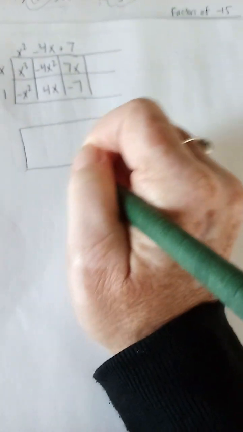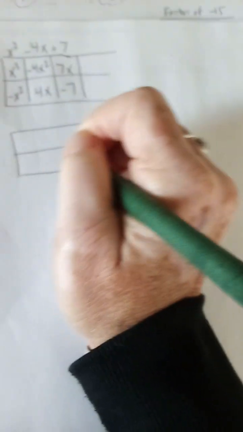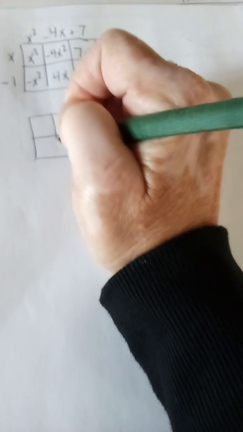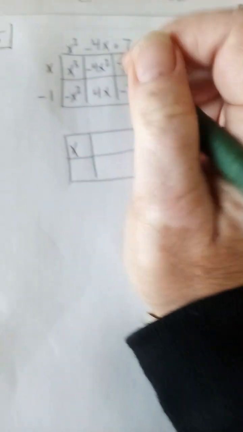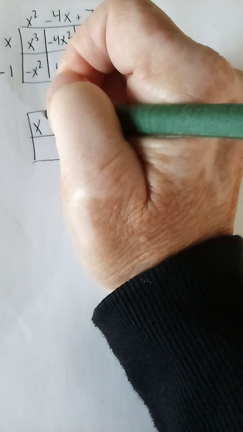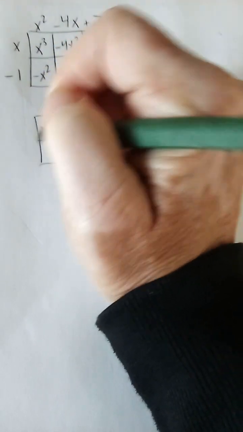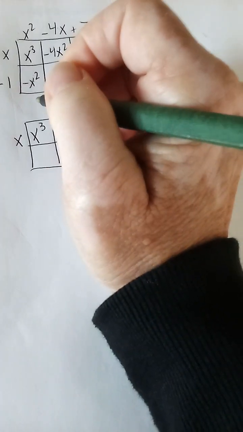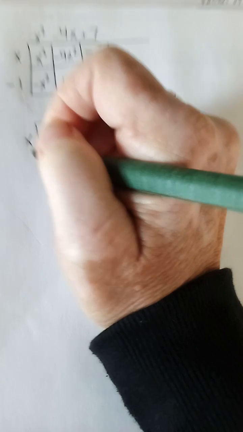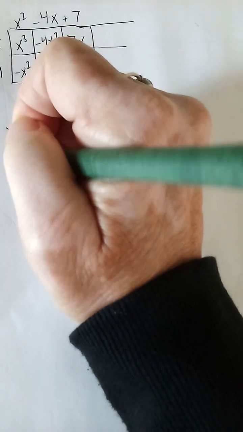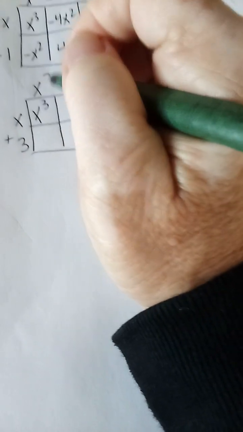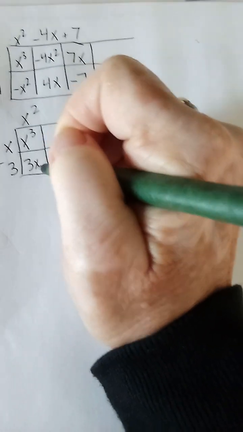So I'm going to keep going and try again. It's kind of just a bunch of trying, but at least we are able to minimize the number of trials we have to go through. So I'm going to try 3, because remember, it was 1, 3, and 5, positive or negative. So this will be x squared, 3x squared.